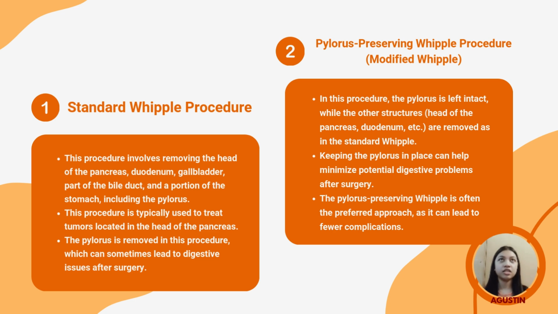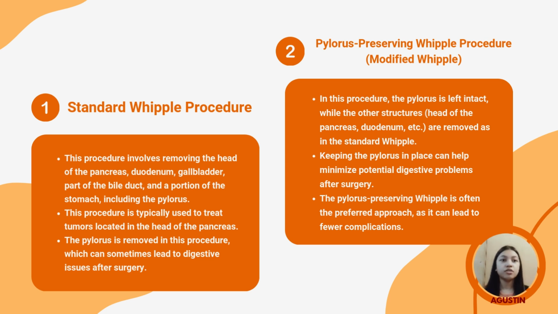The pylorus is the muscular sphincter at the end of the stomach which is connected to the duodenum, or again, as I have said earlier, part of the small intestine. This primarily serves as a passageway of food and liquid from the stomach to the duodenum.